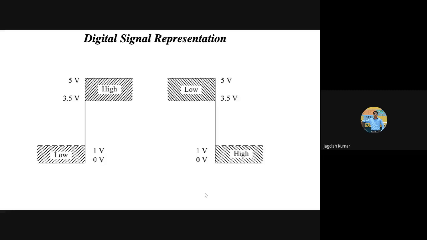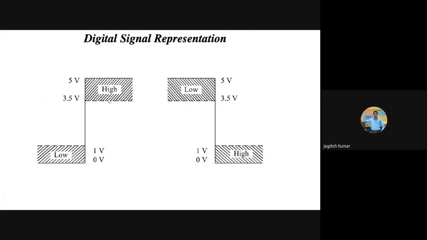So what we have seen is that binary systems are very simple, very reliable, and that's the most important thing related to the binary systems. In analog circuits, we may have any continuous values of the voltages, but in the digital or binary systems, only two values of the voltages are detected.